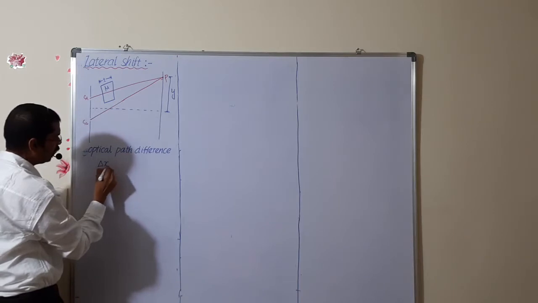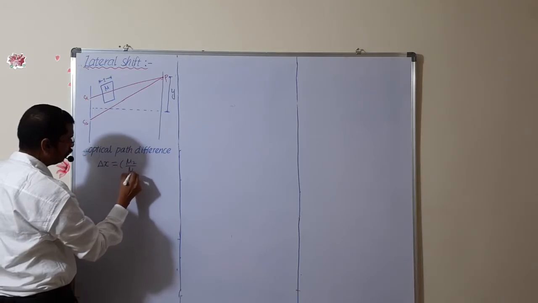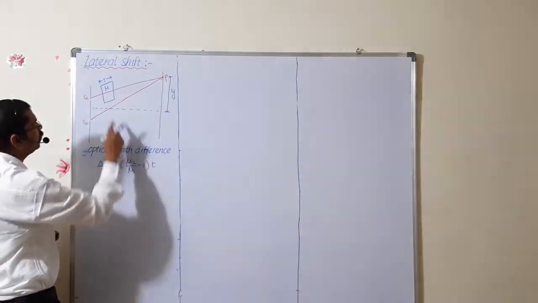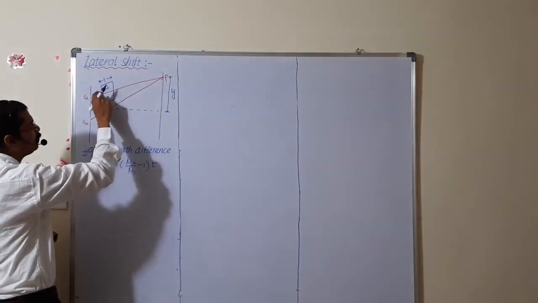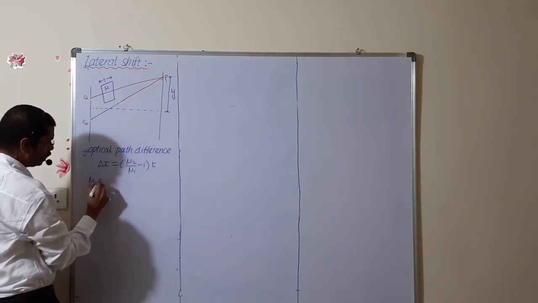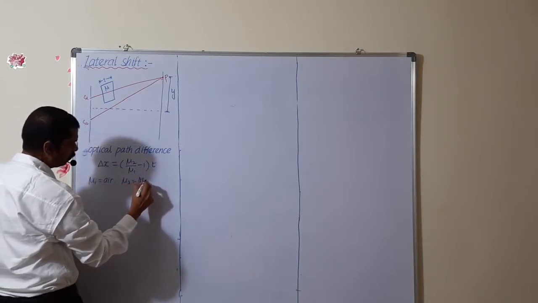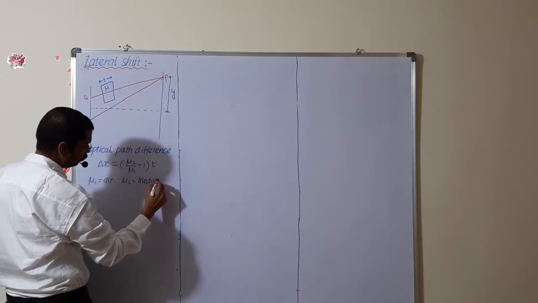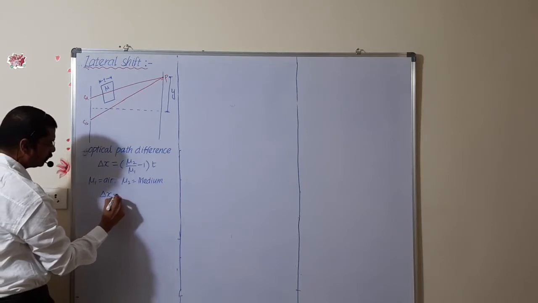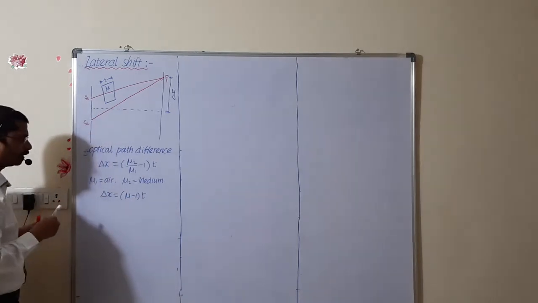The optical path difference delta x is equal to (mu2 upon mu1 minus 1) into the thickness of the glass plate. Here mu2 is the glass slab and mu1 is 1, the medium. Now we can write the optical path difference is equal to (mu minus 1) into T. We got the optical path difference.